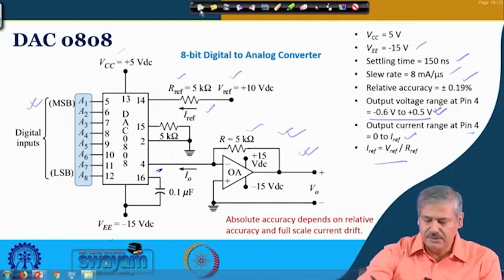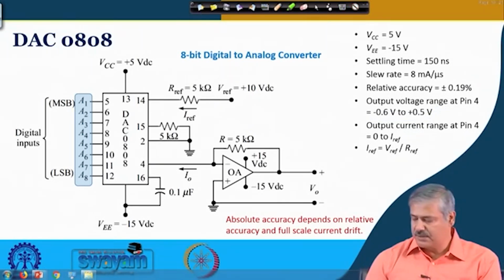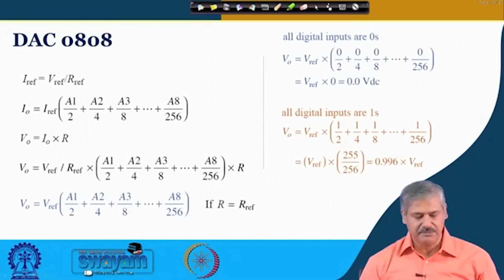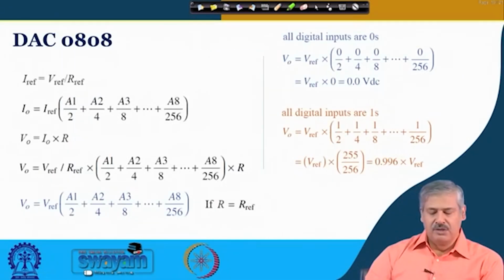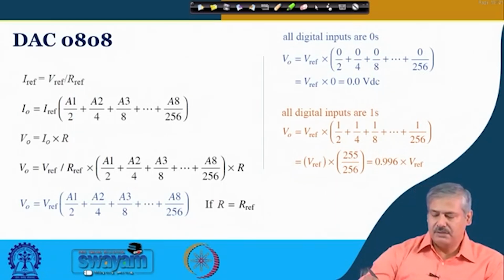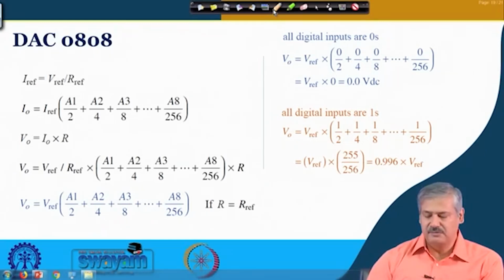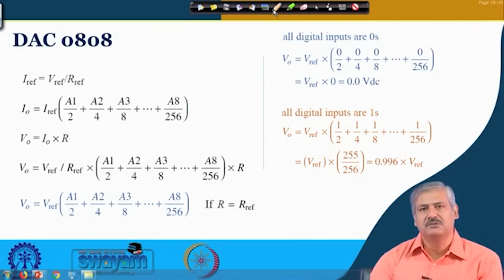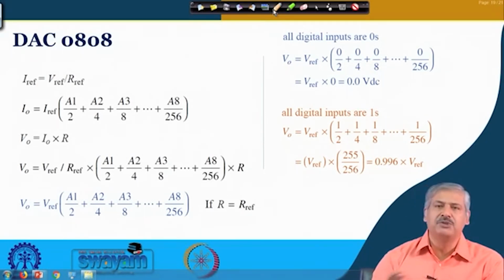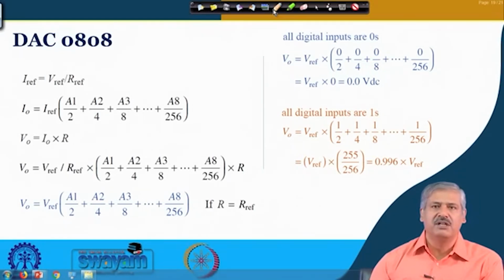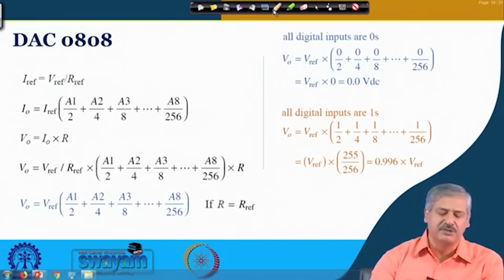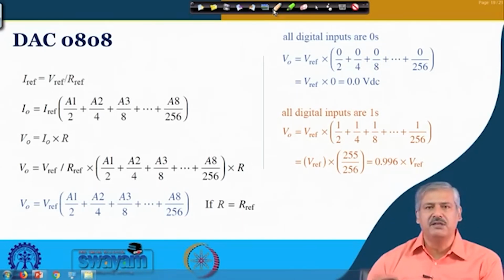Right. So, we look at how it works with some example. In this arrangement we had said that A1 is the MSB and A8 is the LSB. That is how it has been mentioned in the data sheet. But we know that if a different kind of nomenclature is used, A0 to A7, with A0 as LSB and A7 as MSB, then we just need to change the naming and things will work out.